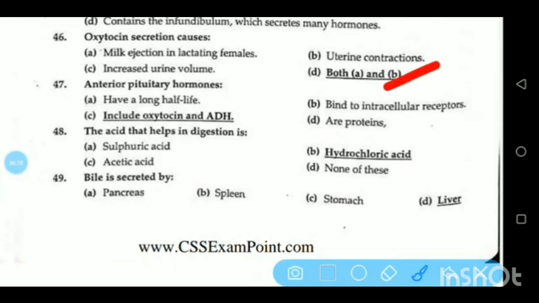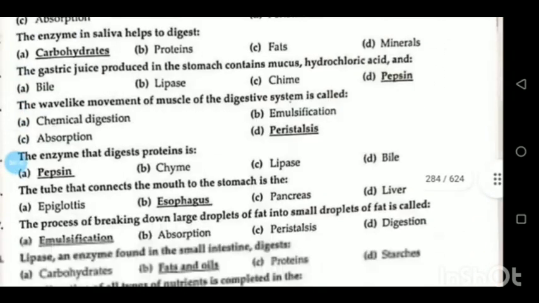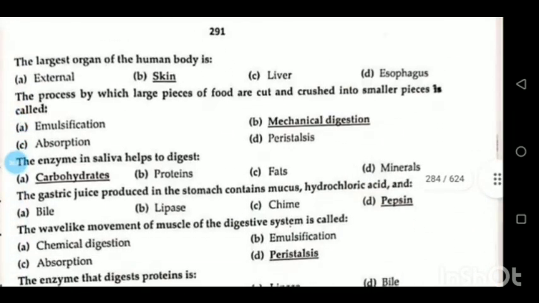Oxytocin secretion causes both A and B, milk ejection in lactating females, and uterine contractions. Anterior pituitary hormones include oxytocin and ADH. The acid that helps in digestion is hydrochloric acid. Bile is secreted by liver.